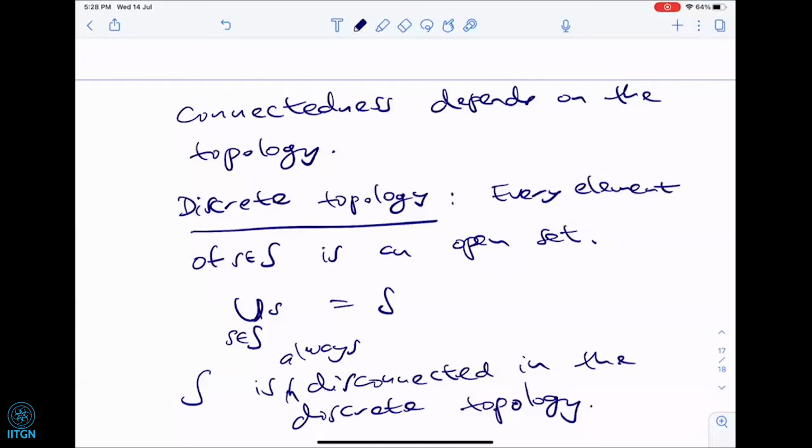In R, we'll have (1,3) as disconnected, (1,2) and (2,3)? No, (1,3) is not the union of (1,2) and (2,3) because the point 2 is missing. If by these brackets you mean open intervals, the point 2 is not in (1,2) and it's not in (2,3), but it is in (1,3). So be careful about that. People have pointed that out. Thank you.